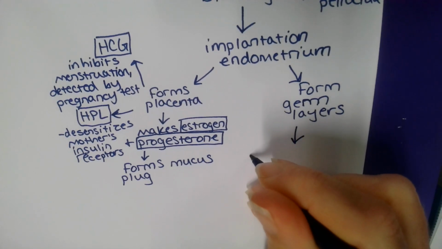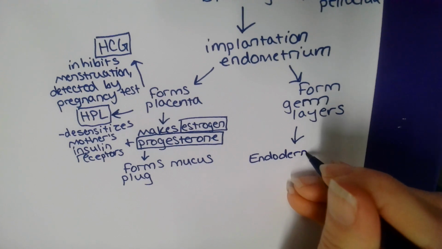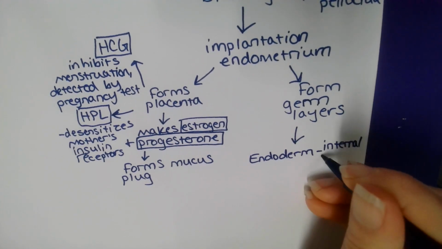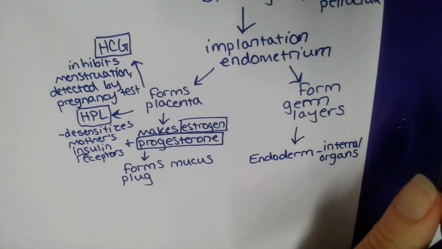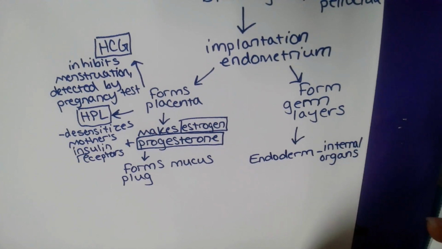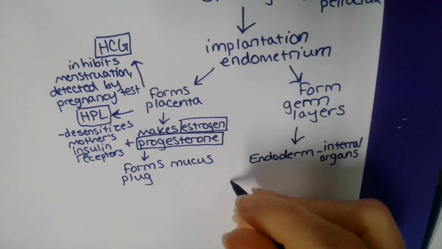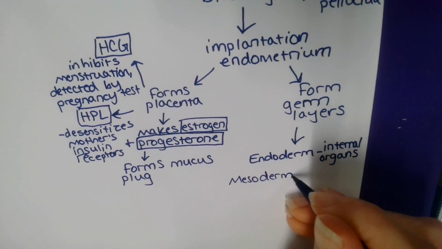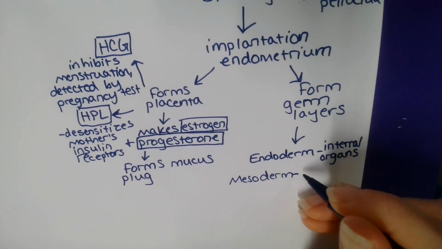The innermost one is the endoderm, E-N-D-O. Endoderm is going to turn into internal organs, all your digestive organs, urinary organs, your lungs. The mesoderm, M-E-S-O, mesoderm, is going to turn into your more connective type tissues.